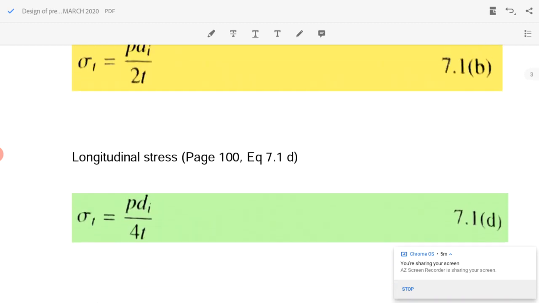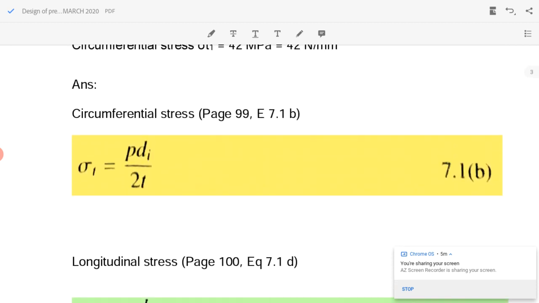So we have to find the thickness T using the equation from page 99, equation 7.1b. Sigma t is known, that is the tensile stress acting along the circumference, denoted by circumferential stress, which is given as 42.